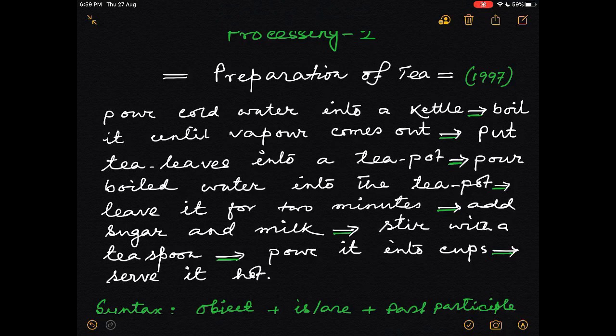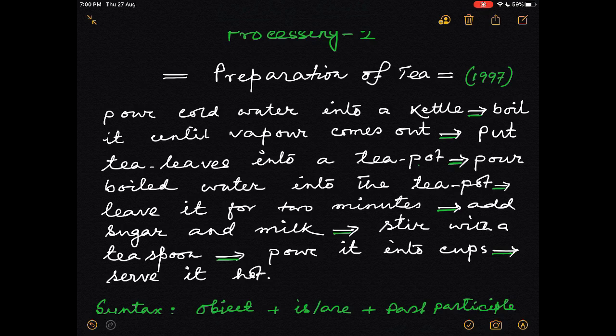Pour cold water into a kettle. Boil it until vapor comes out. Put tea leaves into a teapot.